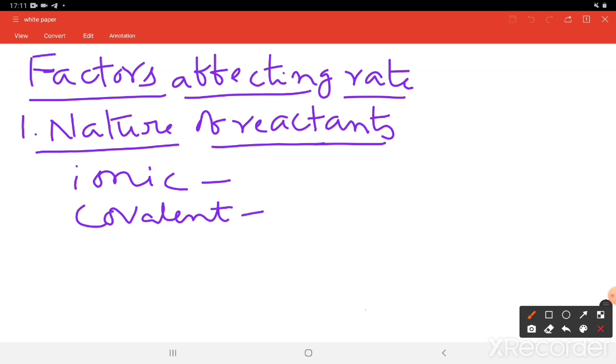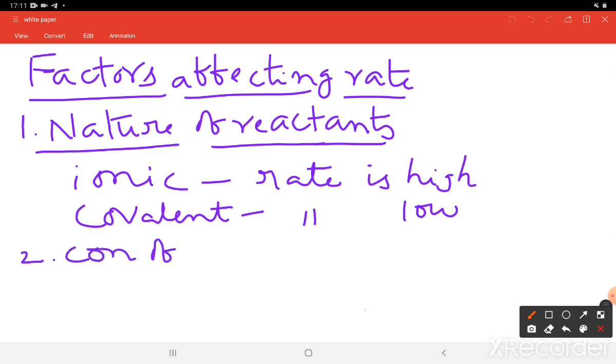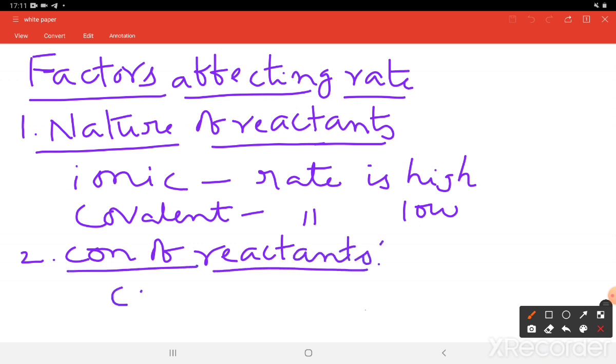In ionic reactants, reactions are fast, so for such reactions rate is high, whereas covalent reactions are slow, so rate is low. And the second factor, concentration of reactants. Naturally, if concentration increases, rate of reaction increases. If concentration of reactant decreases, rate of reaction also decreases.